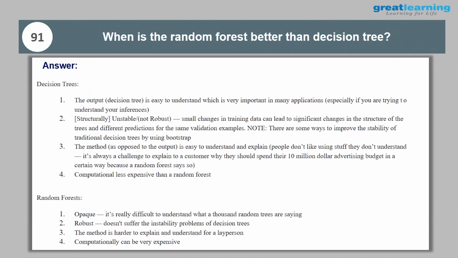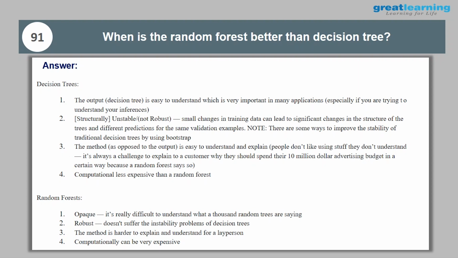Now let's have a look at when a random forest is better than a decision tree. With a decision tree, the output is easy to understand, which is very important in many applications, especially if you are trying to understand your inferences. It is structurally unstable, not robust. Small changes in training data can lead to significant changes in the structure of the trees and different predictions for the same validation examples.